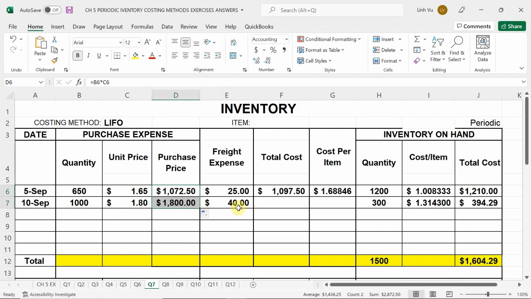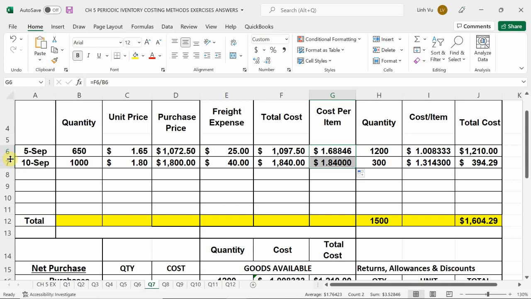Good. Plus 40, 1,840. That brings our cost per item to $1.84. Good.